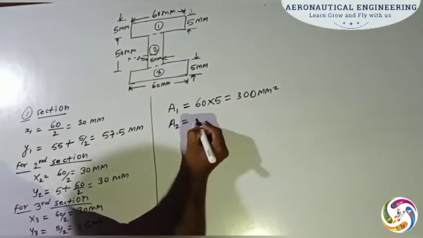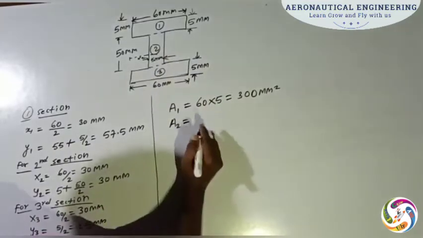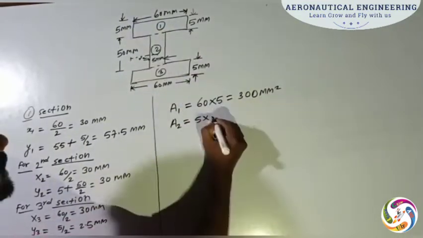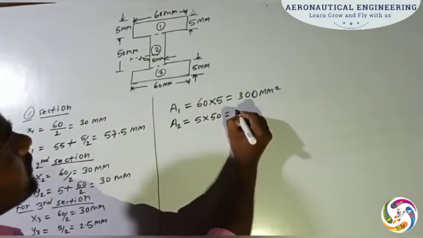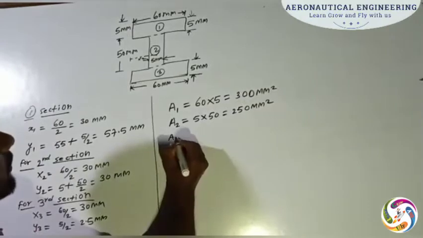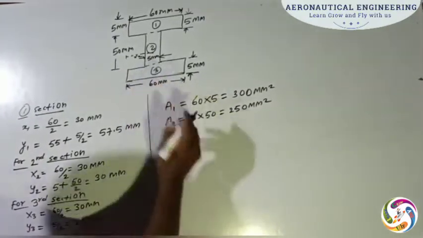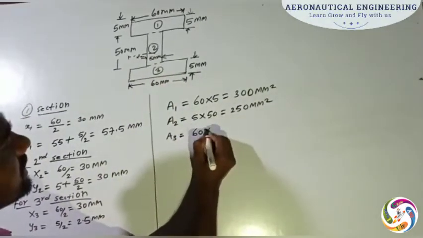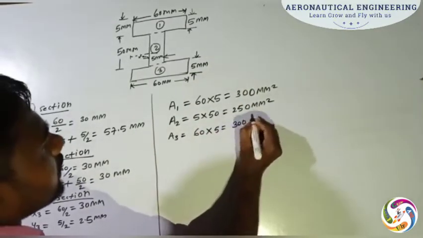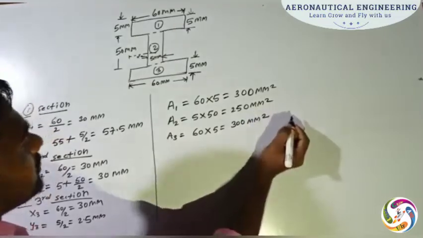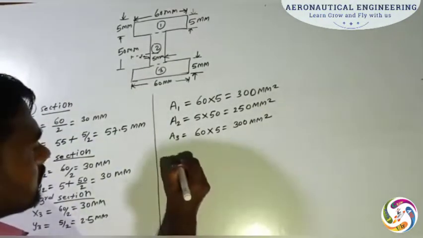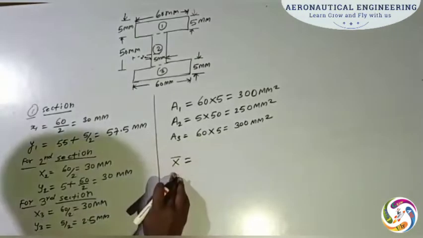A2 denotes the area for the second section. For the second section the length is given as 5 mm and the depth is 50 mm, so 250 mm square. A3 is the area for the third section, the length is 60 and the depth is 5 mm, so equal to 300 mm square.